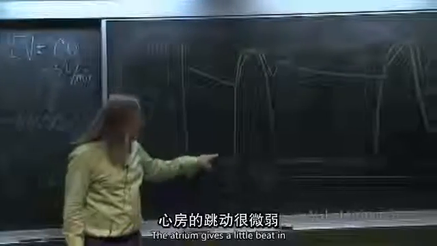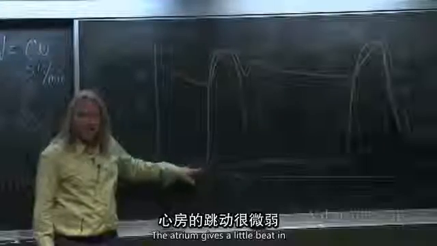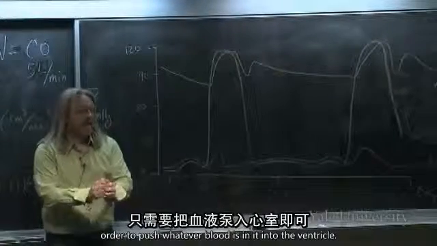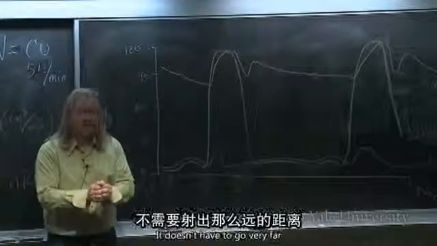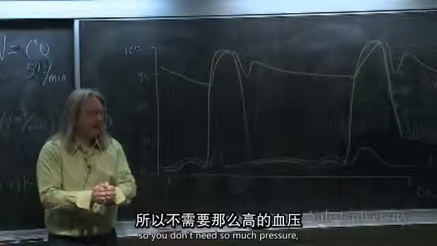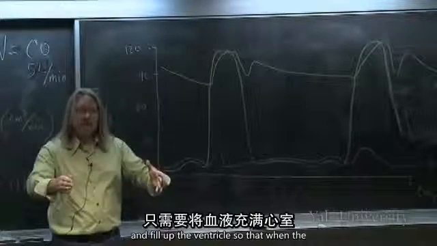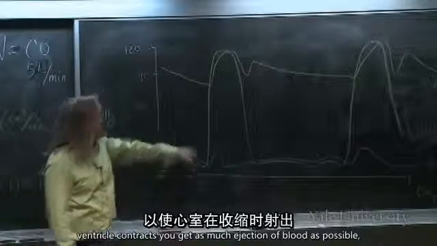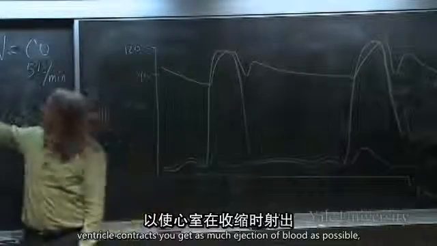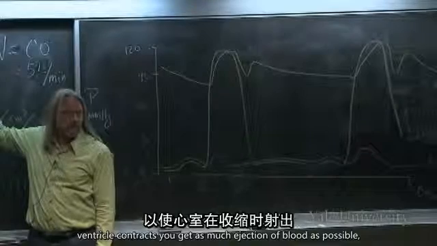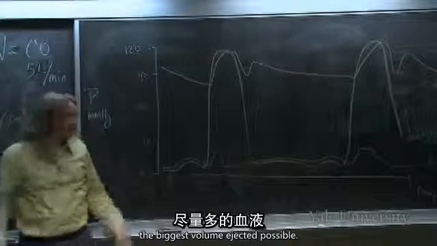So the atrium gives a little beat in order to push whatever blood is in it into the ventricle. Doesn't have to go very far, so you don't need so much pressure. And fill up the ventricle so that when the ventricle contracts, you get as much ejection of blood as possible, the biggest volume ejected possible.